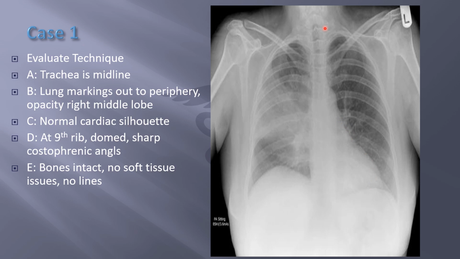So now we are going to do our ABCD. So trachea, we can kind of see the silhouette here. It's midline. I kind of lose where the carina is. I don't really see it too well here, but the rest of the trachea is midline. Lung markings, I do see lung markings out to the periphery.